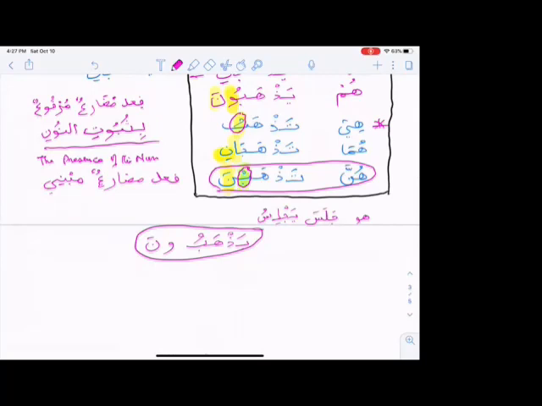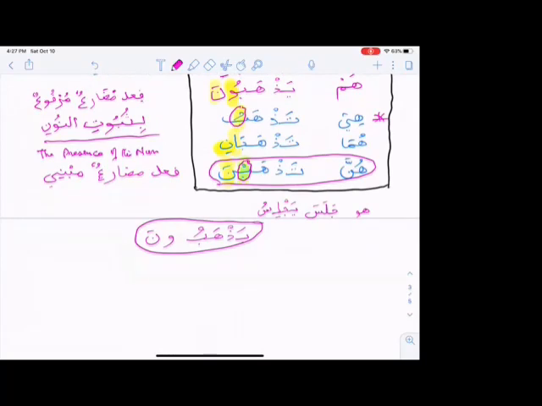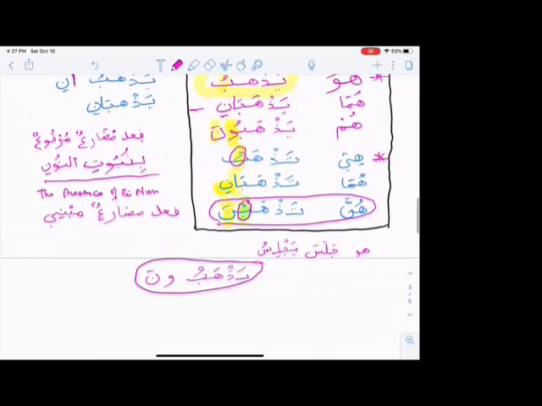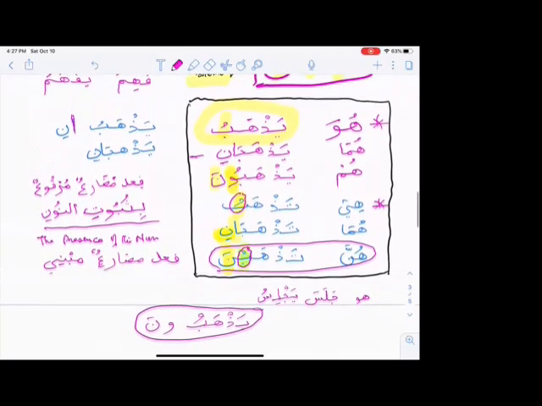Huwa yajlisu. Huma yajlisani. Hum yajlisuna. Hiya tajlisu. Huma tajlisani. Hunna yajlisna. Oh, my brother, I made a mistake here.